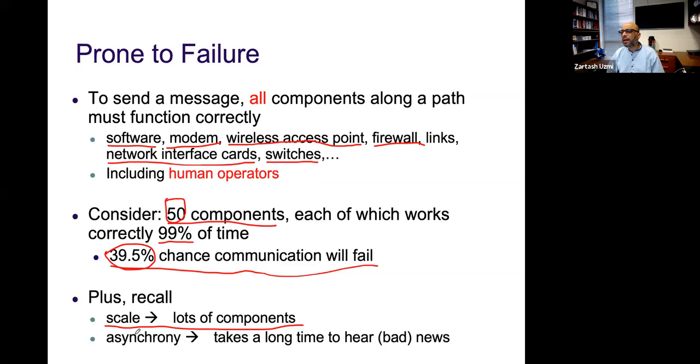So if we take the example of a typical data center, which has a few 100,000 machines, we know that when we send a search request to Google, it almost always gives you the response. It's very rarely that it will fail.